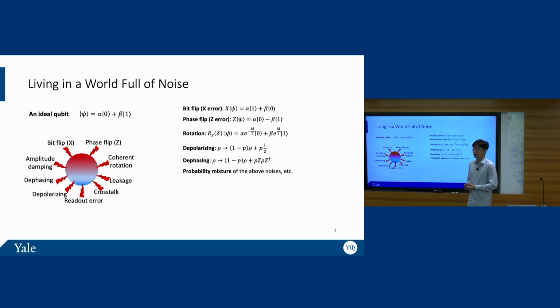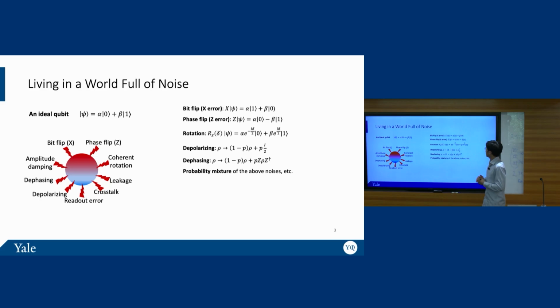But we'd like to also get a clear knowledge of what kind of error could occur to a qubit. So here I list several examples of things that can go wrong with a qubit. Let's start with something that's more classical. I think we heard about classical errors and error correction from Steve's lecture before this.